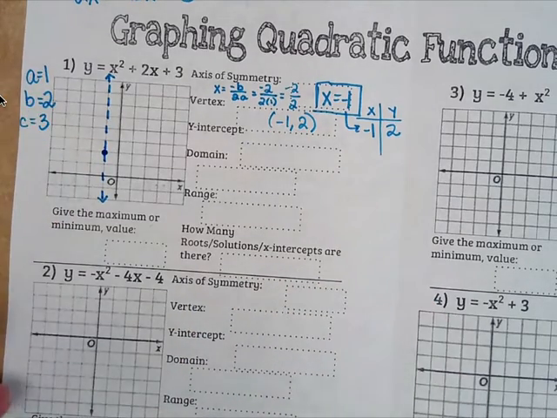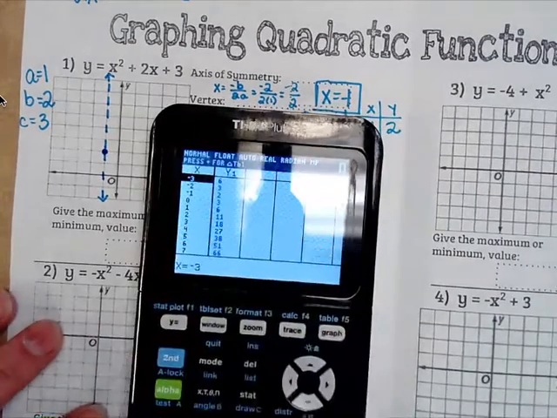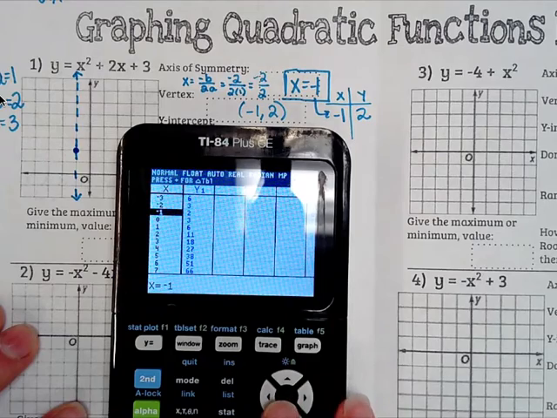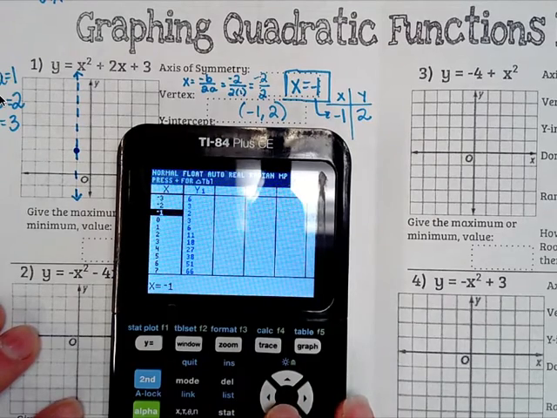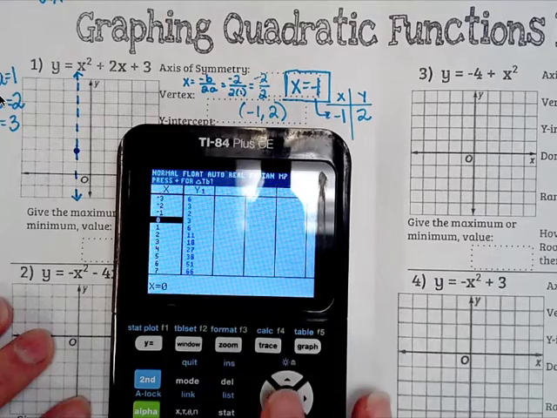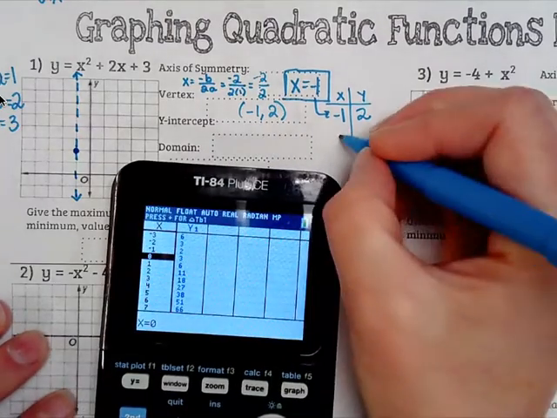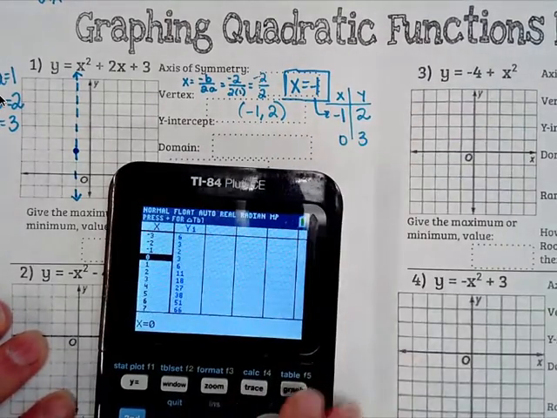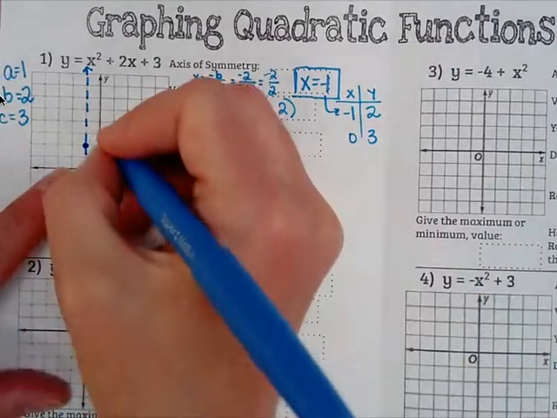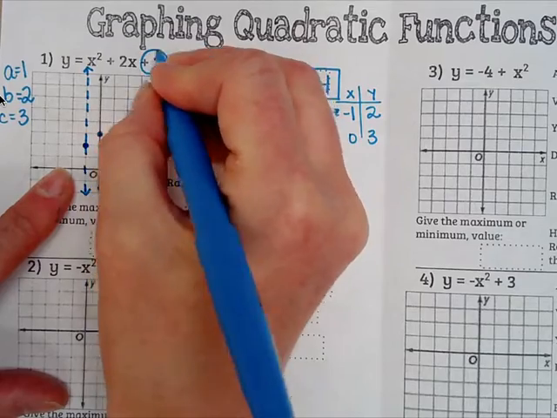Okay, we need a few more points. So on here, we can find a few more points. So go to the vertex, and let's find out what the next point is right after the vertex. 0, 3. What is 0, 3? The Y-intercept. Yep, that came from here.